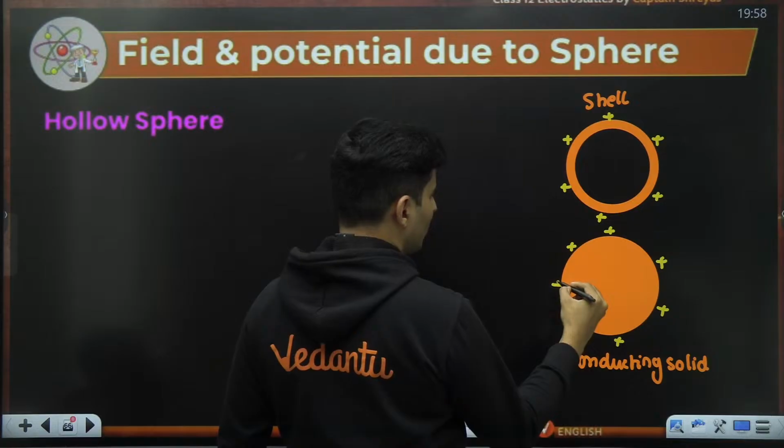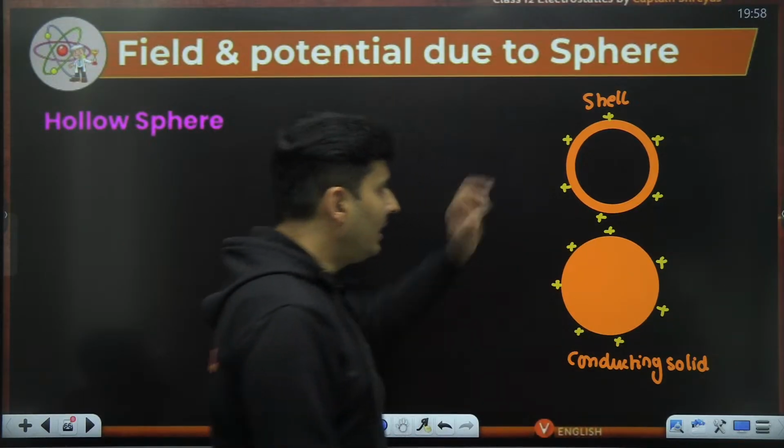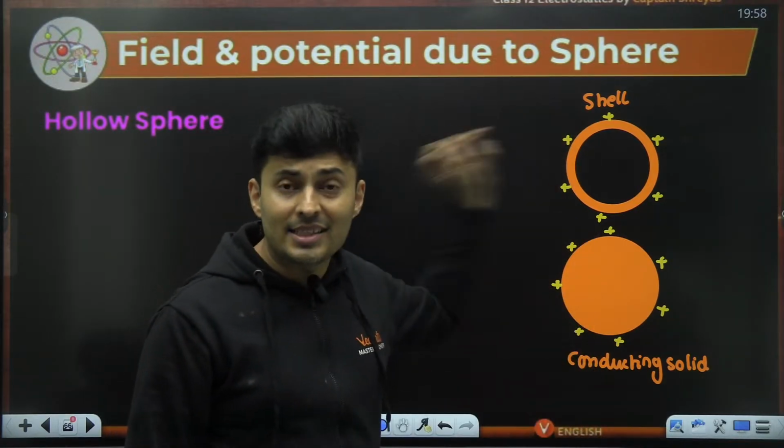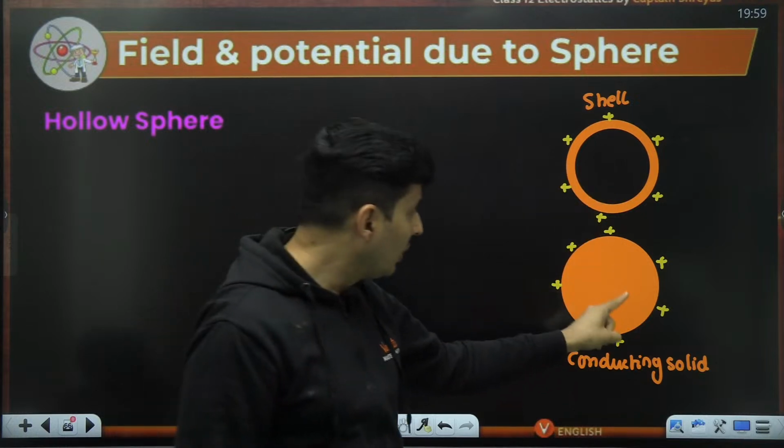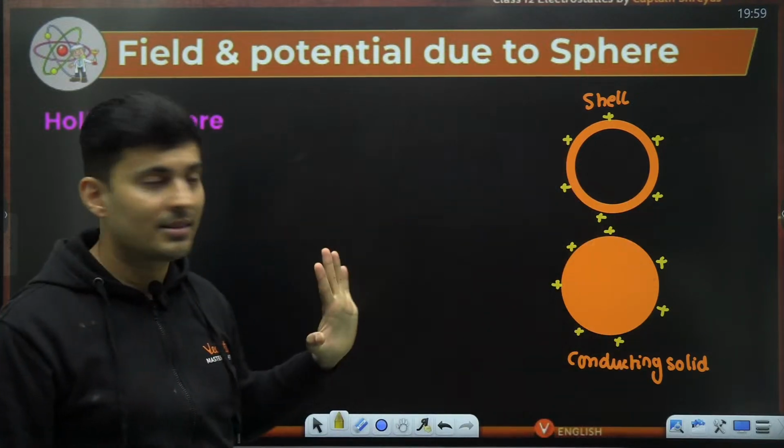Keep that in mind. So both a sphere and a shell have the same formula, same distribution, only because the charges are only on the surface.